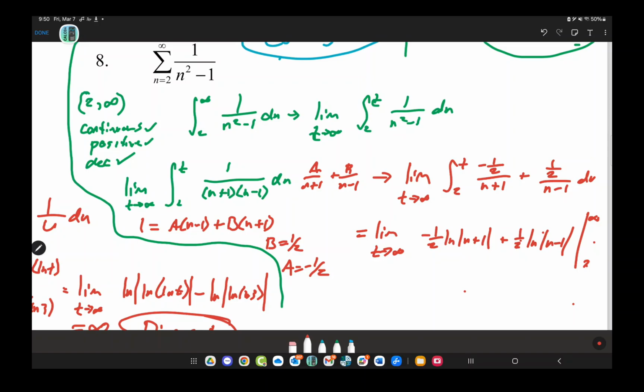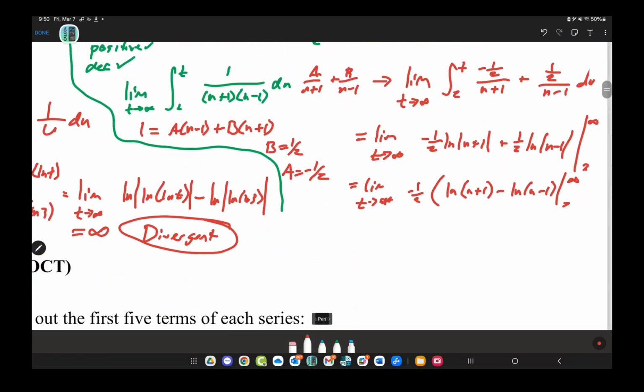If we take out the negative 1 half, we get the natural log of n plus 1 minus natural log of n minus 1 from 2 to infinity, which would give us, as t goes to infinity, negative 1 half of the natural log of n plus 1 over n minus 1 from 2 to infinity.